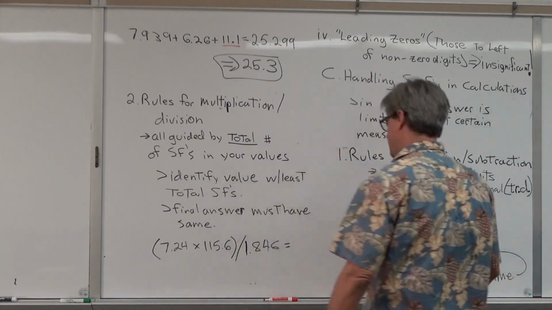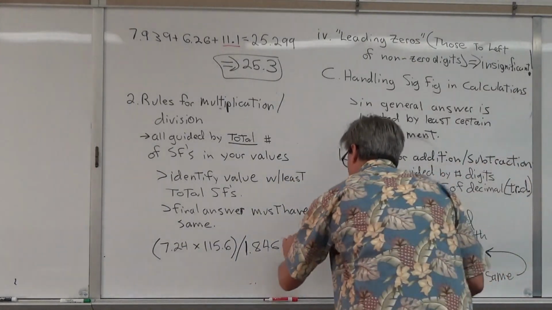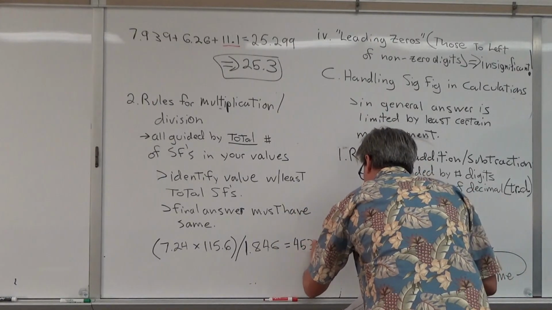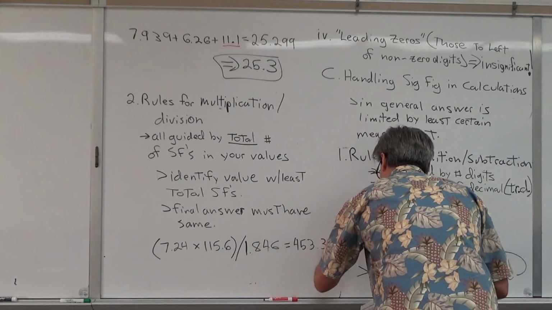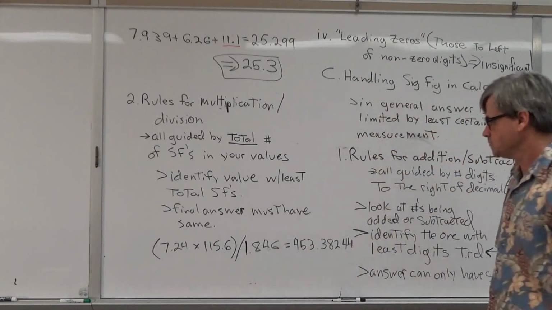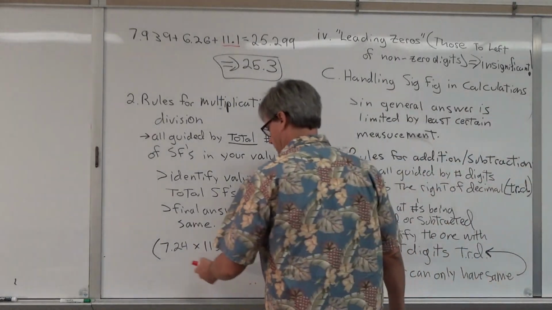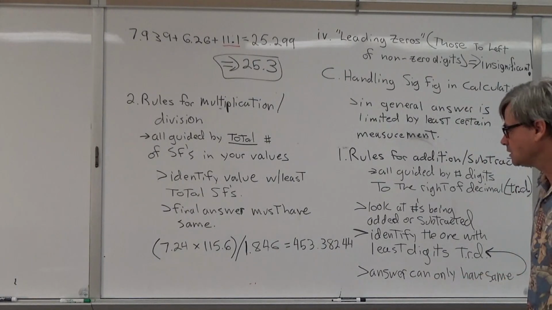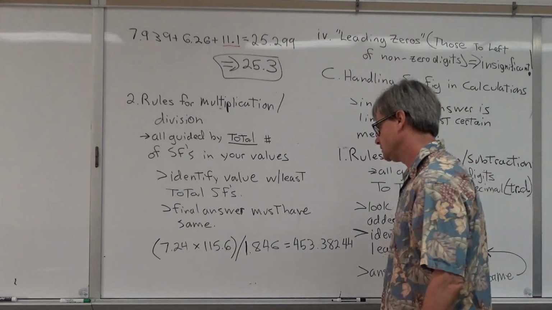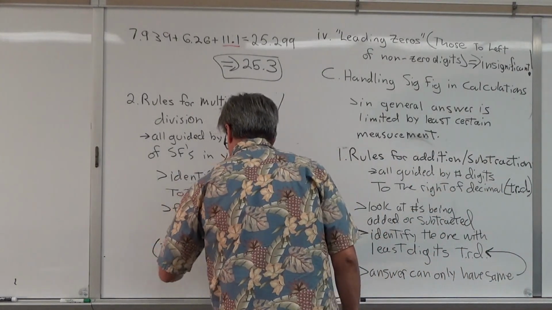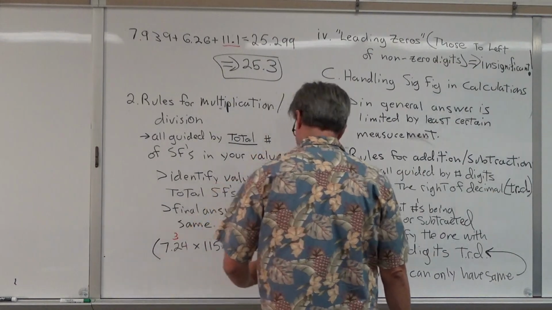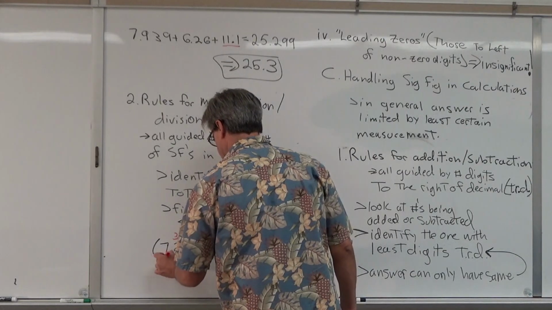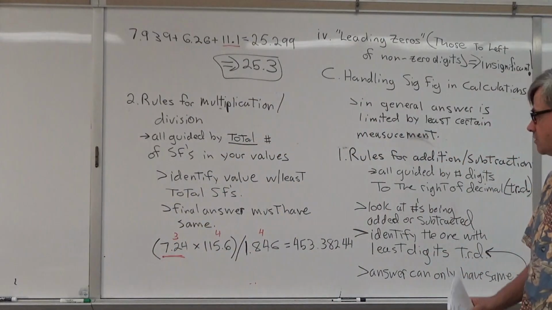If you just spit that out of your calculator, what you're going to end up with is 453.3824. So now you want to look at your multiplication and your division and see what the total sig figs are. We've got 3 sig figs here, 4 sig figs there, and 4 sig figs there. So the 3 is the one that guides what our final product can have. It can only have 3 sig figs.